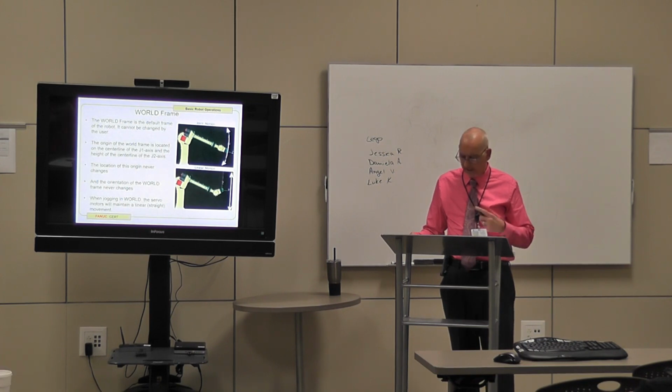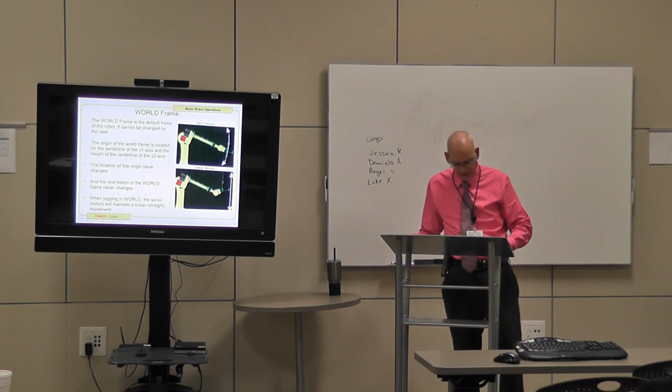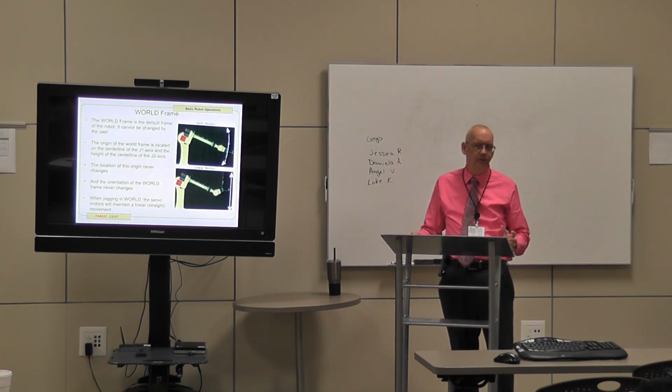In the next slide, I'm going to show where it is on our particular robot. The location of the origin never changes in world, and the orientation of the world frame never changes. When jogging in world, the servo motors will maintain a linear, otherwise known as a straight, movement.